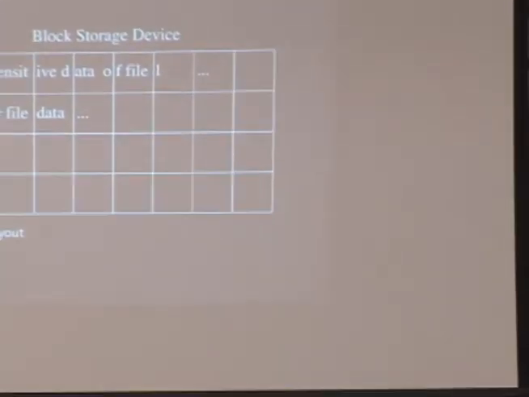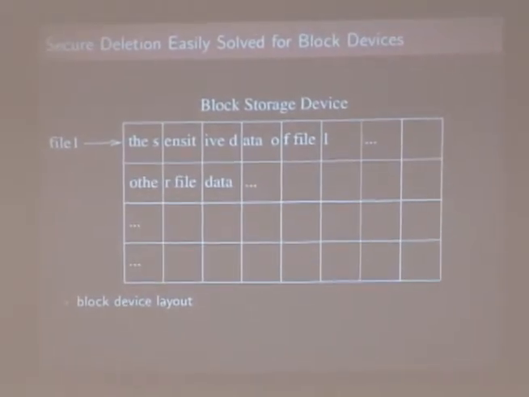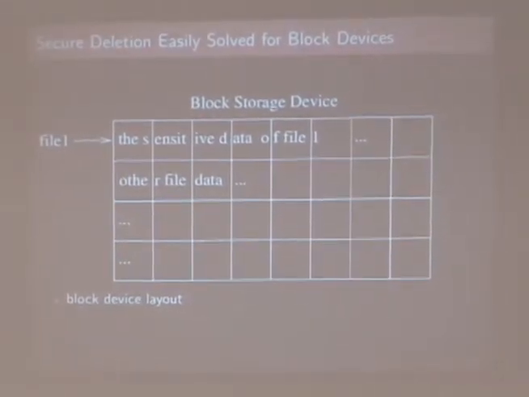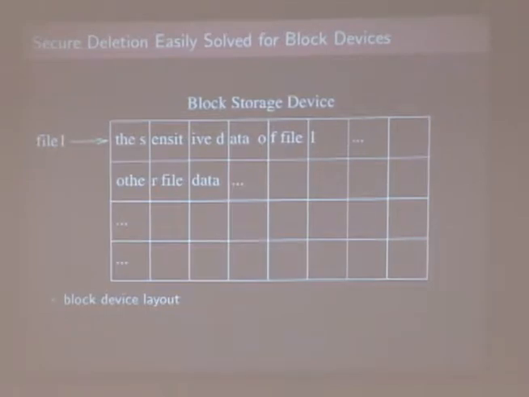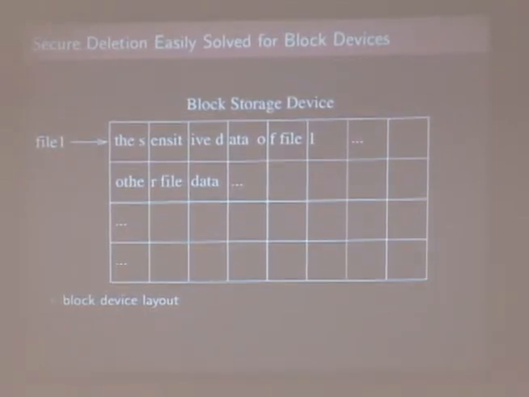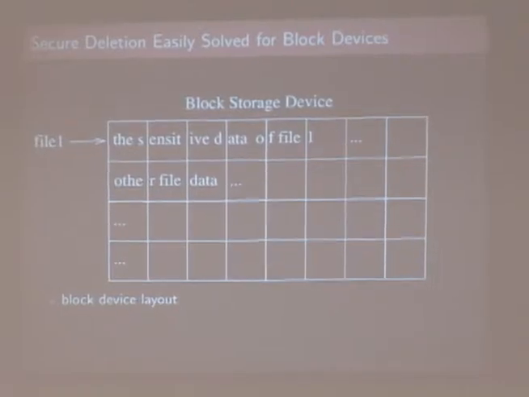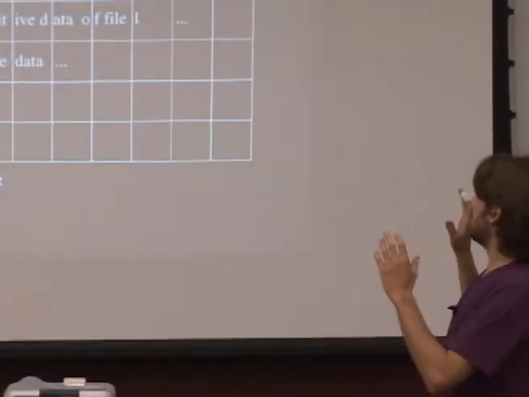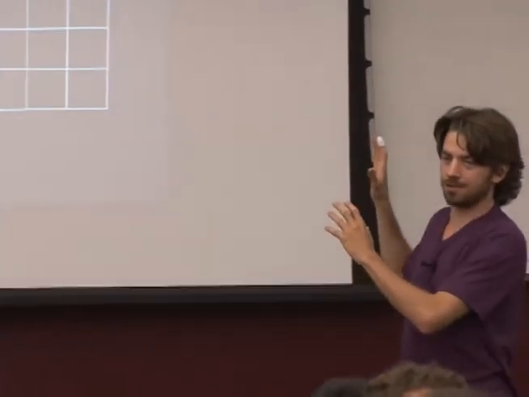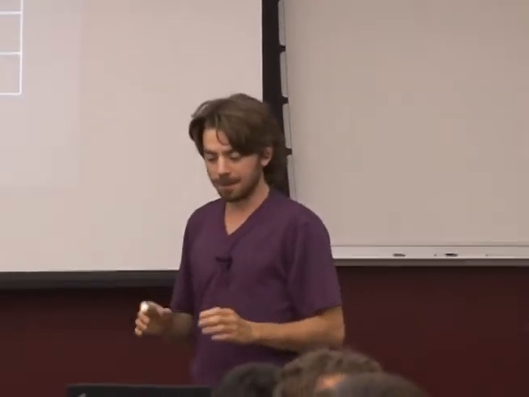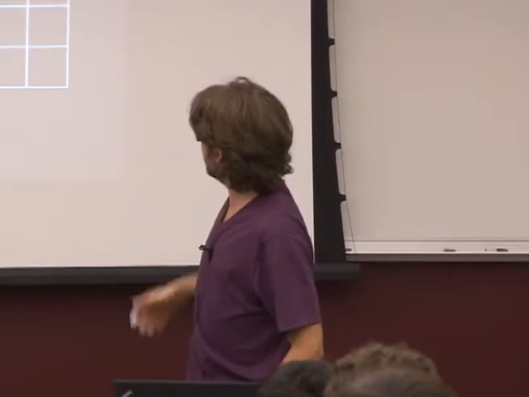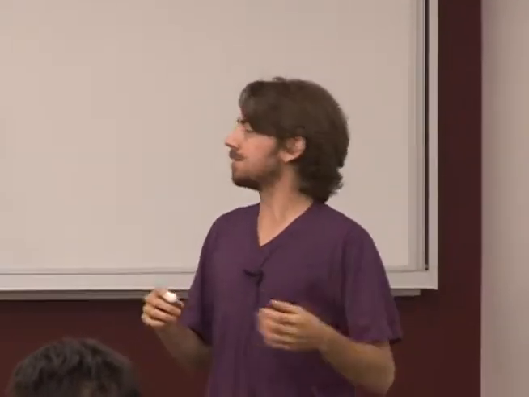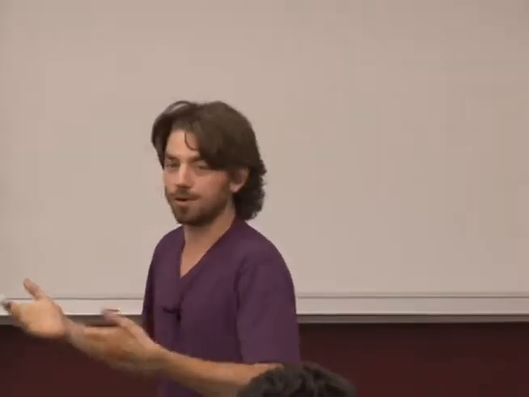This problem has been studied and solved for a class of file systems and storage media called block devices. These have the nice property that when you overwrite a particular block on the storage medium, it will replace what was there with some new version of the data. And of course, there are many different spectrums to this problem you can consider, but in principle, when you want to delete some sensitive data, all you need to do is replace it with zeros. You go to all the locations where this data remains, you replace it with zeros, and then you are no longer too concerned.